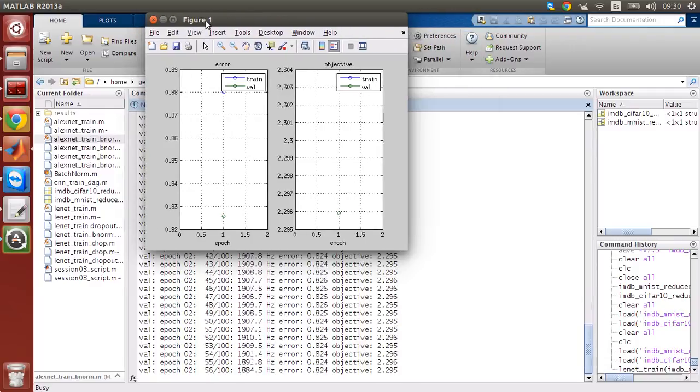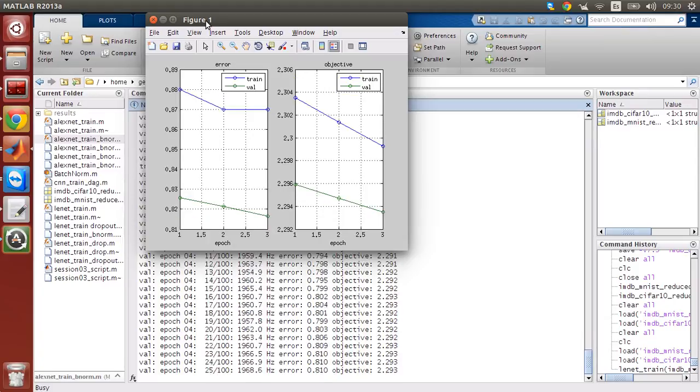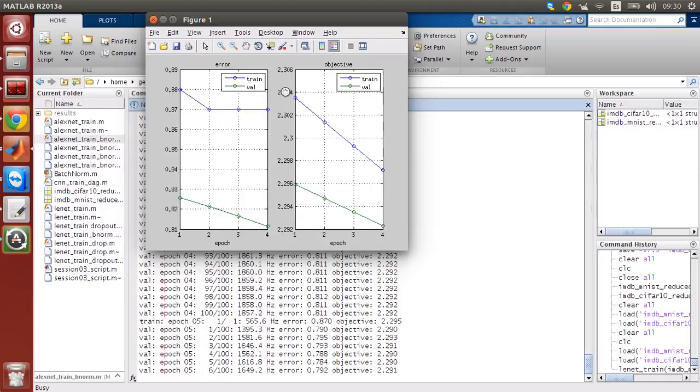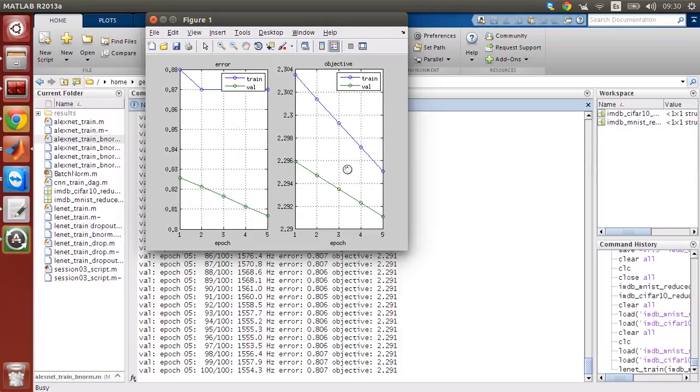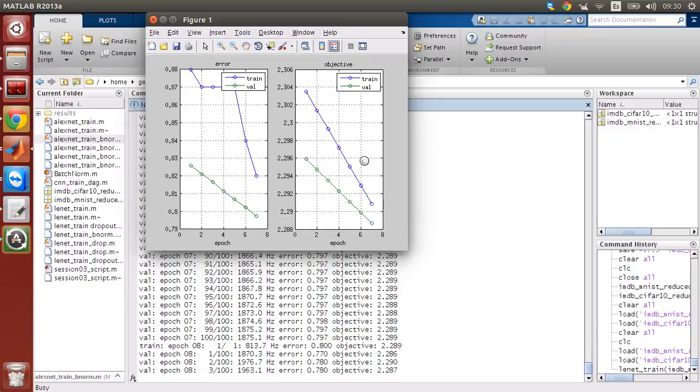You see, since I have reduced it, it's quite fast to train. So you can see that the objective is not going down much, 2.294. Yeah, so it's moving, but it's not moving that much. And the same is true for the objective error for validation, and also for the classification errors. We're going to let this run, and then I will show you the result of this training.